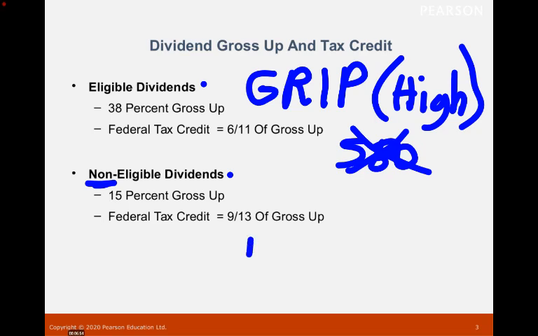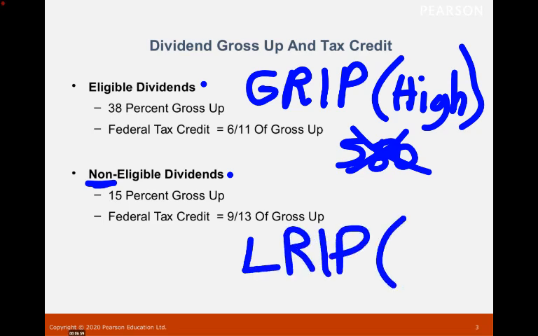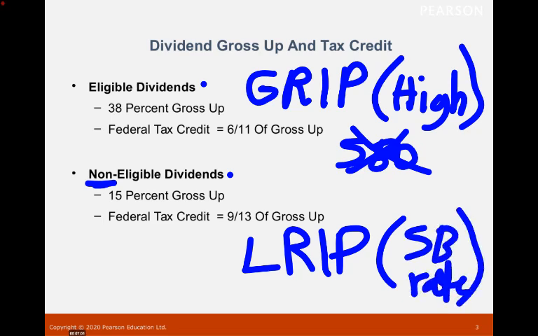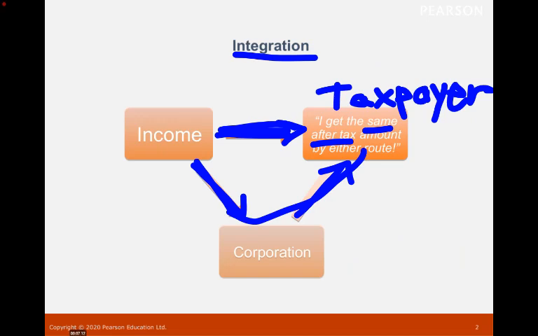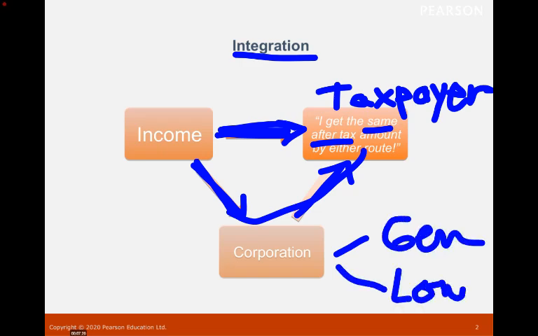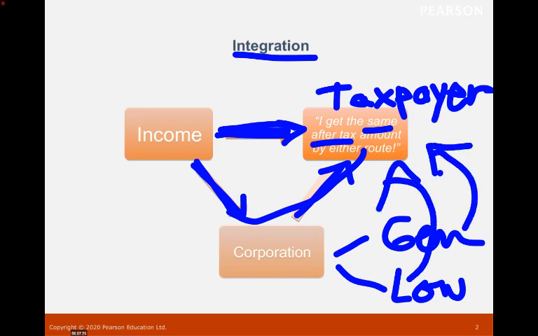And those ones were the ones that came from our low rate income pool, or, small business rate. So because the income came in to the corporation and was taxed at either that general rate or the lower rate, it has to flow to the taxpayer based on which rate was used, so that we can keep this integration.